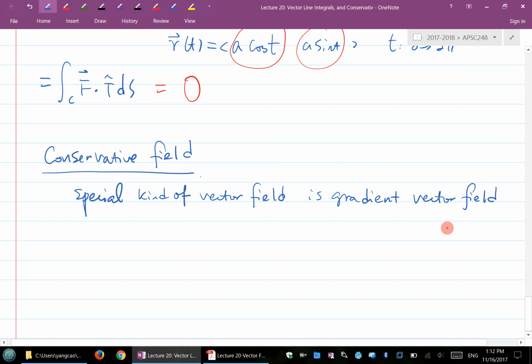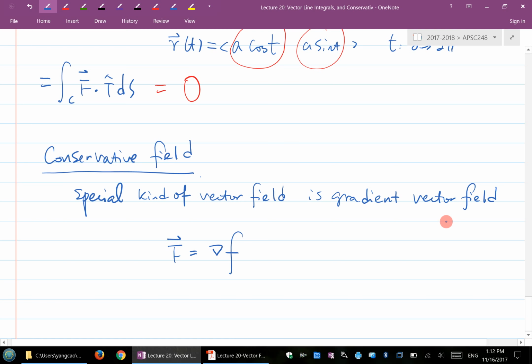So what is a gradient vector field? If you have a scalar function f and you take the gradient of that function, you get a gradient vector, which is the so-called gradient vector field.